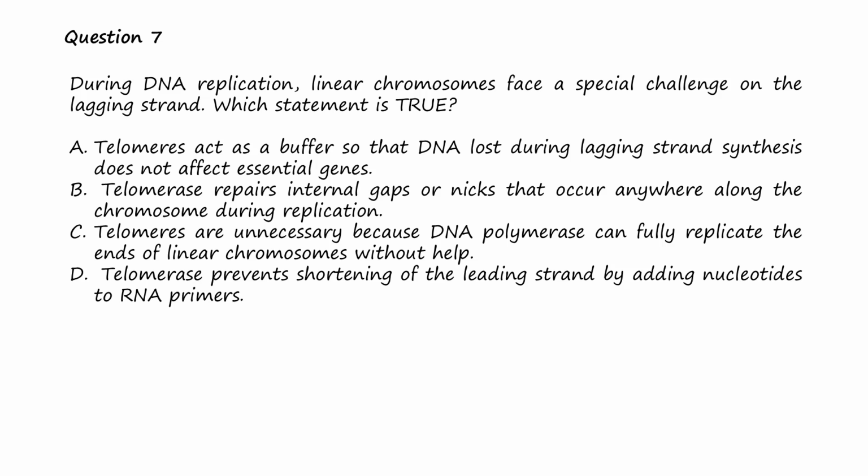Question 7. During DNA replication, linear chromosomes face a special challenge on the lagging strand. Which statement is true? A. Telomeres act as buffers so that DNA lost during lagging strand synthesis does not affect essential genes. B. Telomerase repairs internal DNA gaps. C. DNA polymerase can fully replicate chromosome ends without help. D. Telomerase prevents shortening of the leading strand by adding nucleotides to RNA primers.